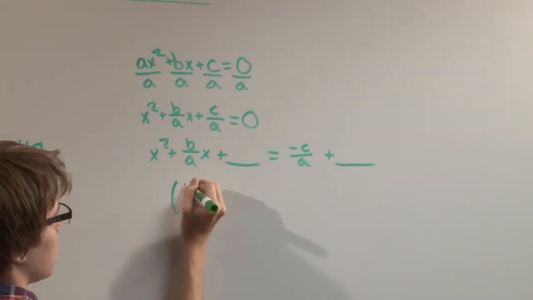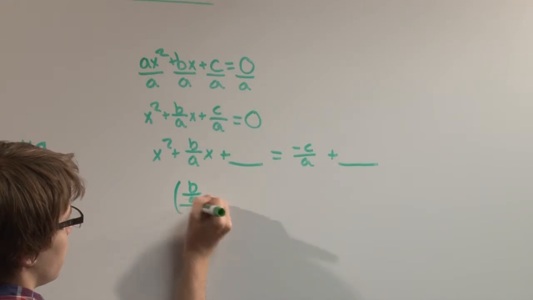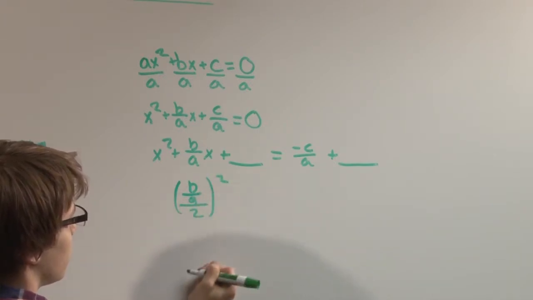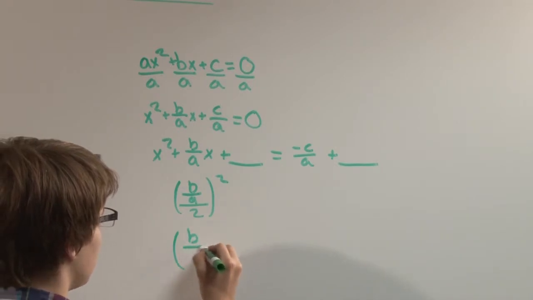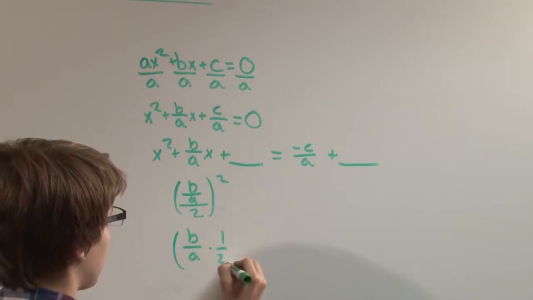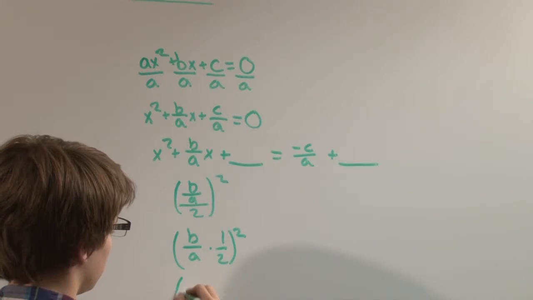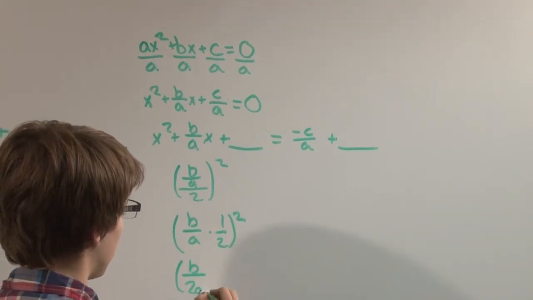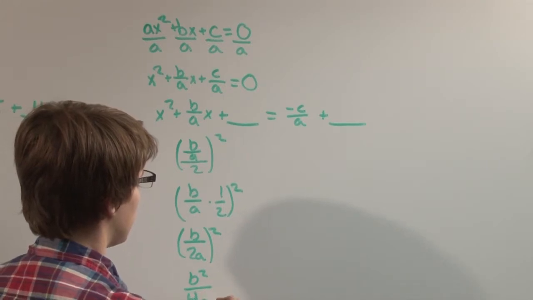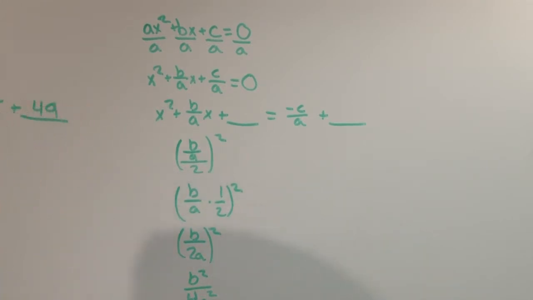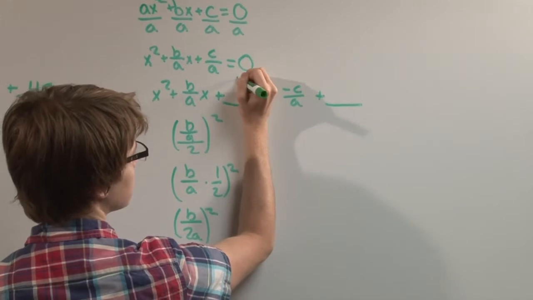We're going to take b over a over 2 squared. But this is just the same thing as b over a times 1/2 squared, which is b over 2a squared, which is b squared over 4a squared. So that's what we're going to add to these sides.